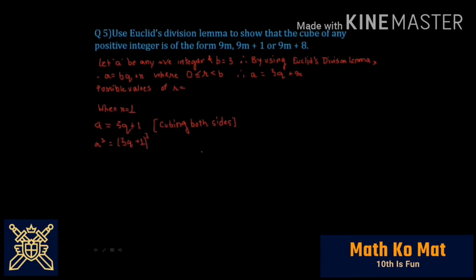Now, as you can see, here is an identity: a plus b whole cube is equal to a cube plus b cube plus 3 into a into b multiplied into a plus b.